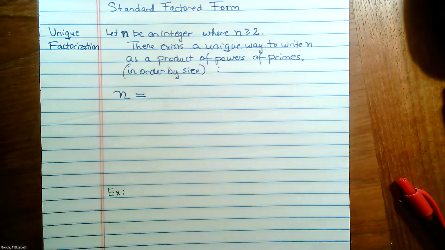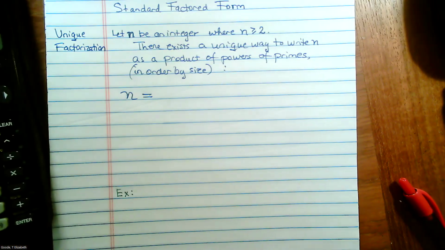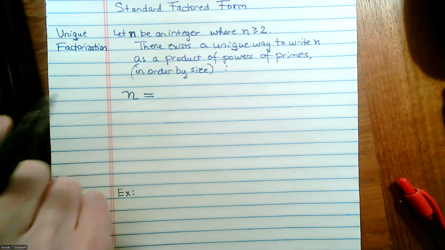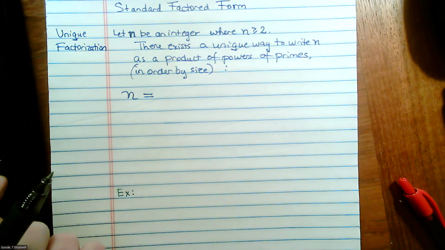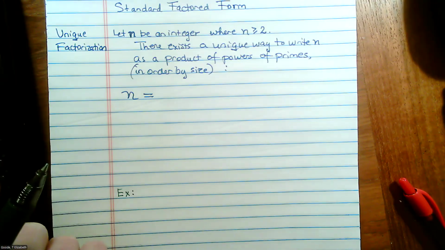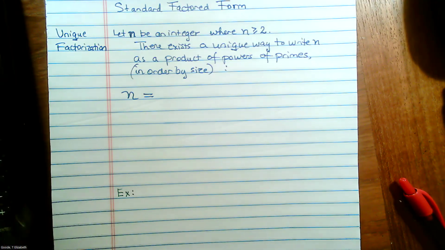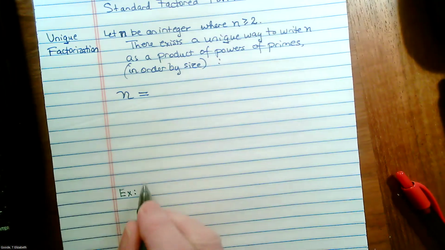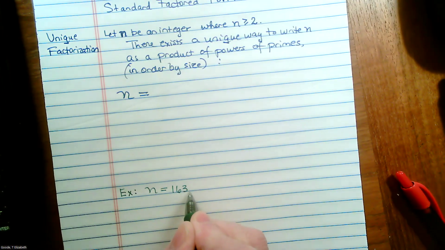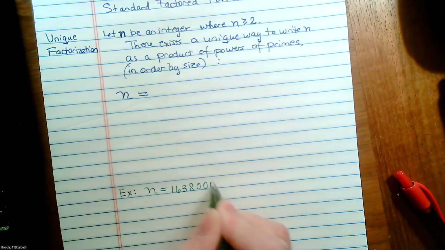Because I'm going to cook up an example on the fly here, and I need a calculator. All right, we can do a big one. 163,800.